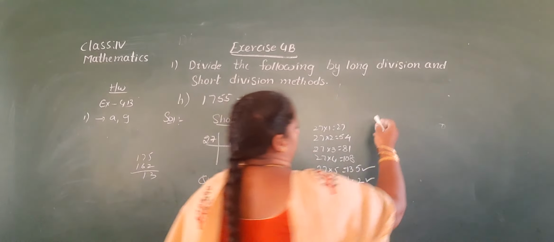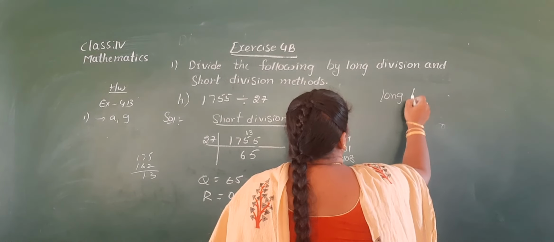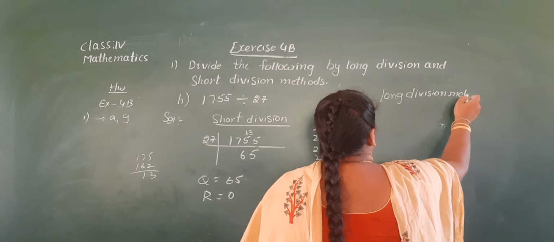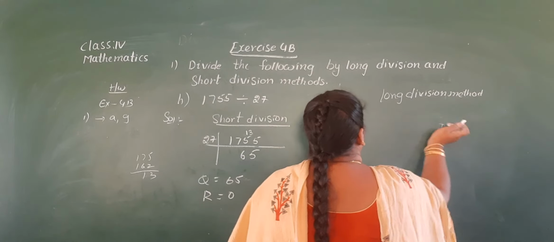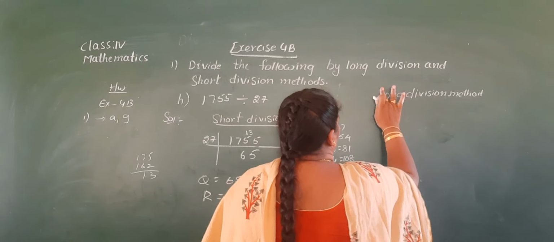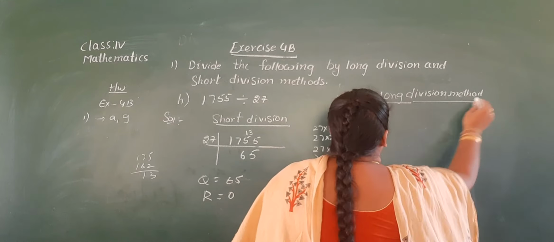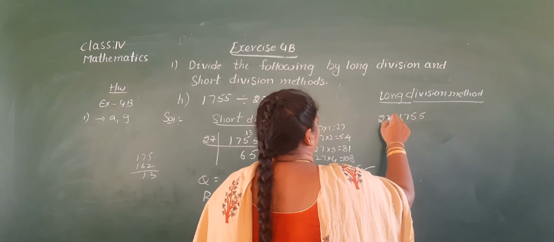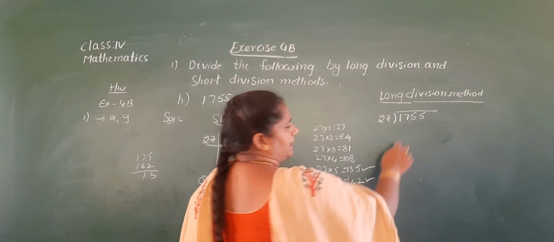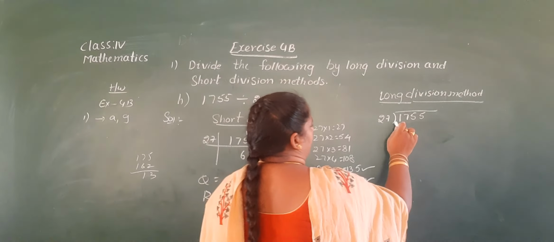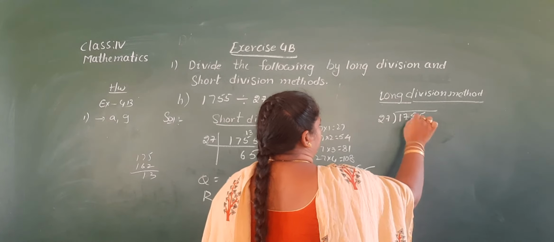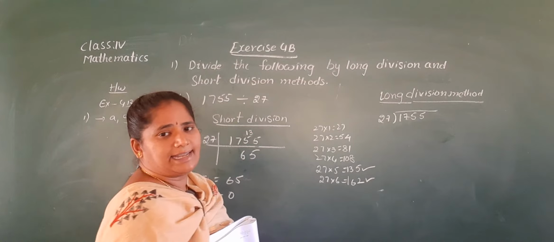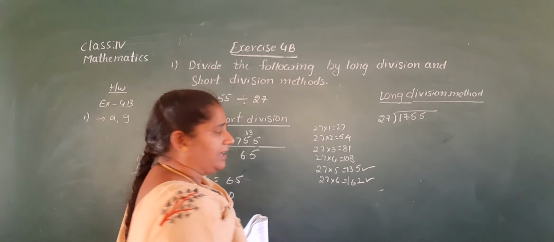Now the long division method. See, 1755 divided by 27. 17 is not going in 27, so we can't divide 17 by 27, so you take the next digit, that is 5, 175.